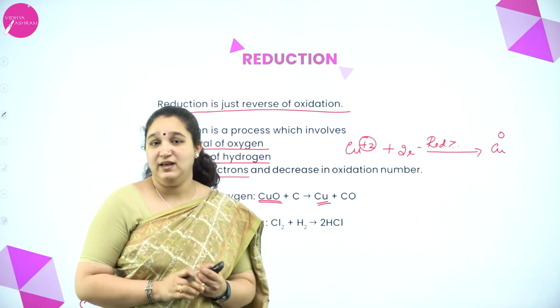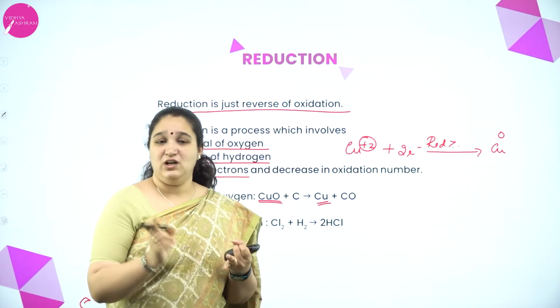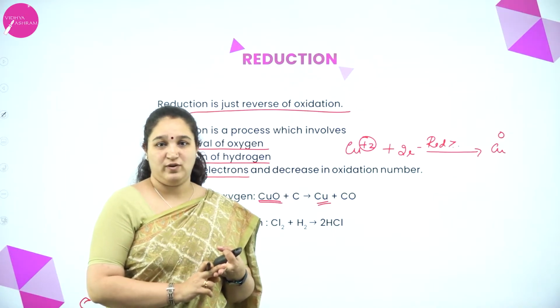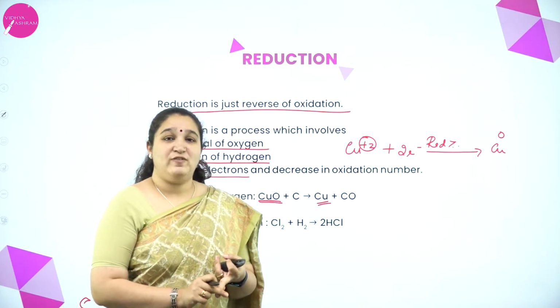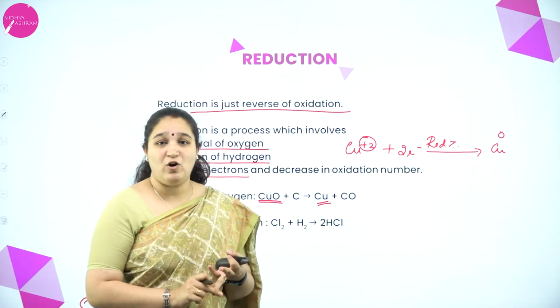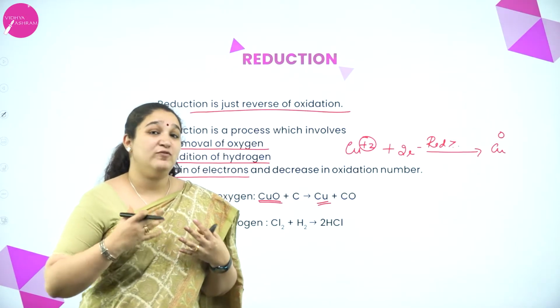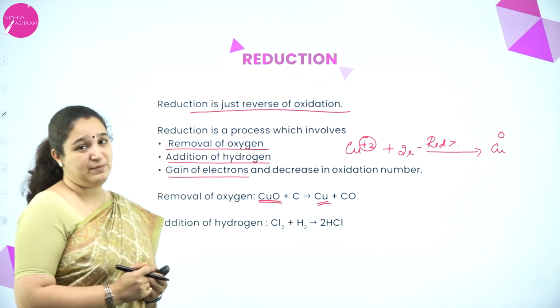Once again I am telling, what is oxidation? Oxidation is addition of oxygen, removal of hydrogen, loss of electron. What is reduction? Addition of hydrogen, removal of oxygen and gain of electrons. Now in terms of electrons is something which is very important for you all to remember for this chapter.